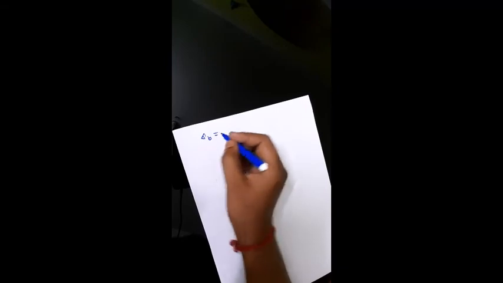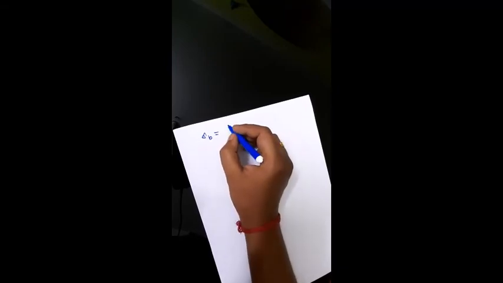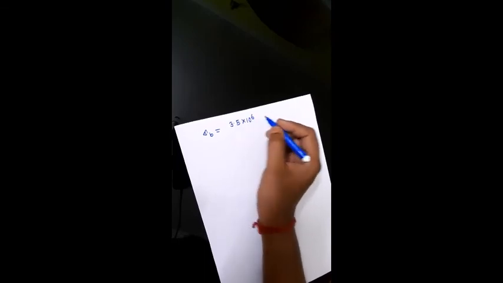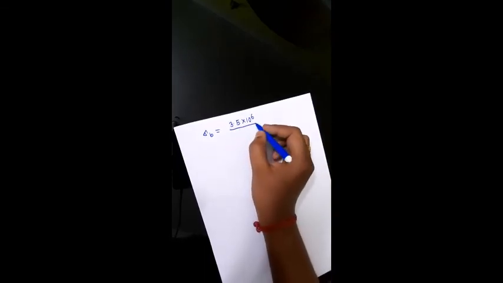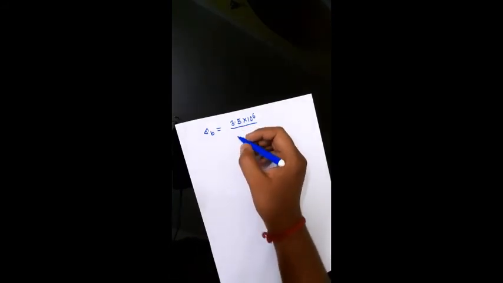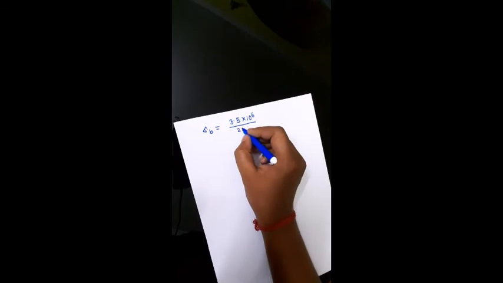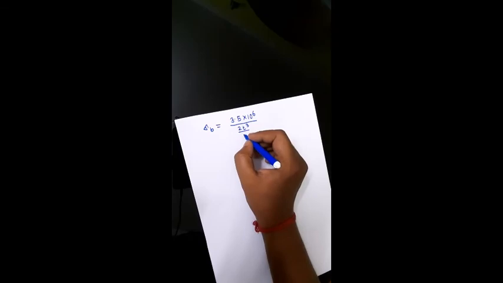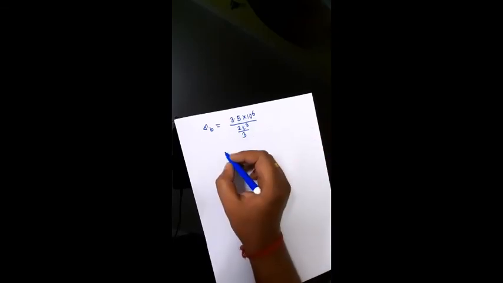Sigma b will be M by Z, where the M value is 3.5 into 10 to the power 6, and the value of Z is 2t cube by 3.